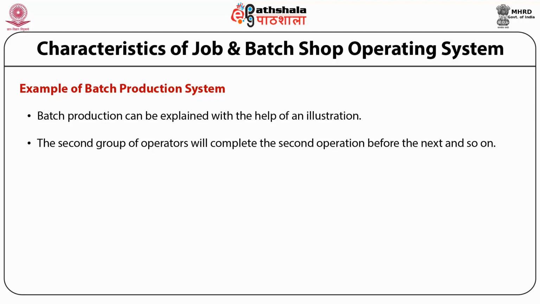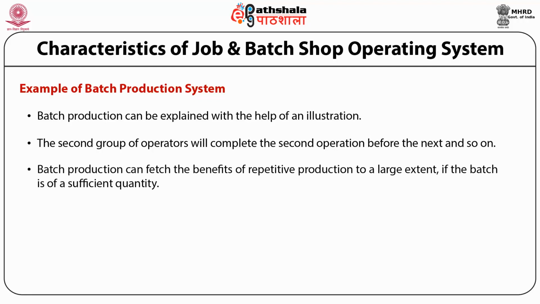Under job production, the same operator will manufacture a full machine and not one operation only. Batch production can fetch the benefits of repetitive production to a large extent if the batch is of sufficient quantity.